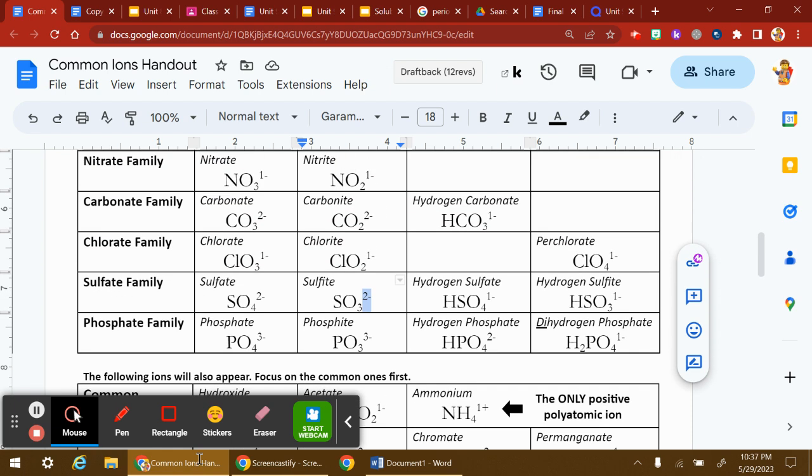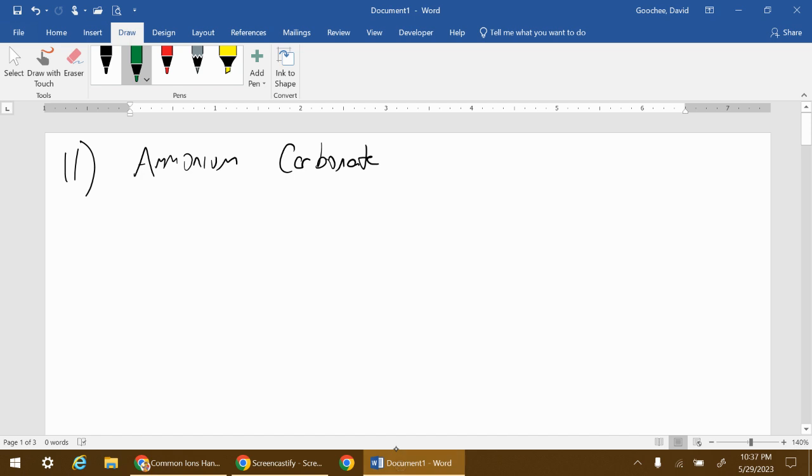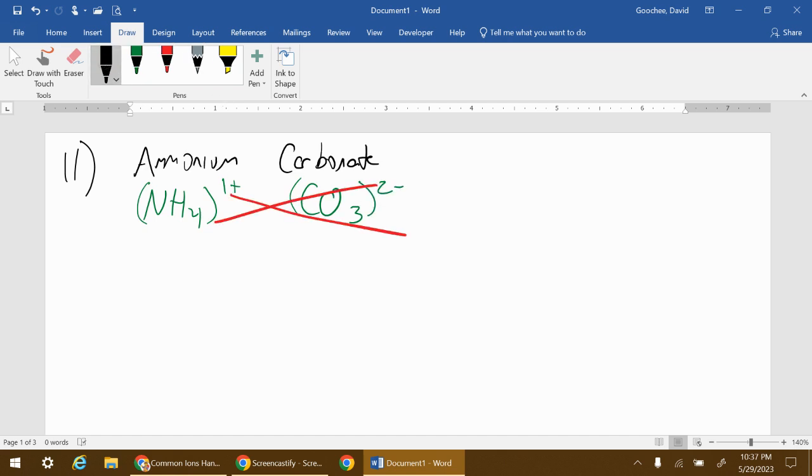And carbonate is CO3 with a 2 minus charge. So let's get to it. NH4 with a 1 plus charge and carbonate, CO3 with a 2 minus charge. When I crisscross them, I get the formula (NH4)2CO3. That is ammonium carbonate.